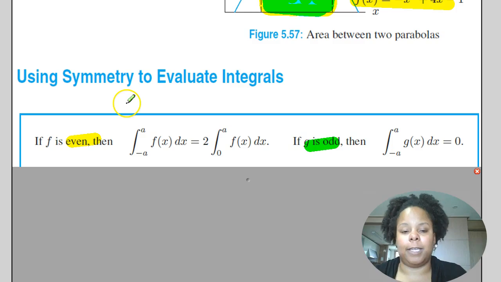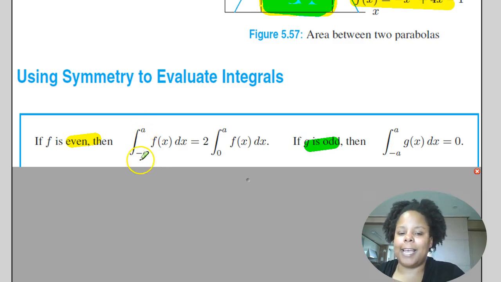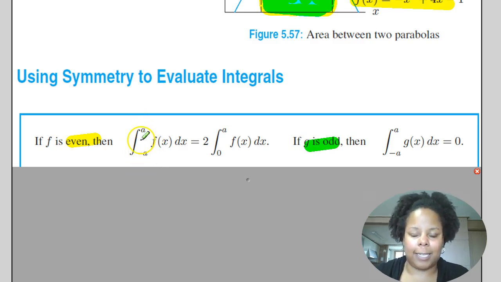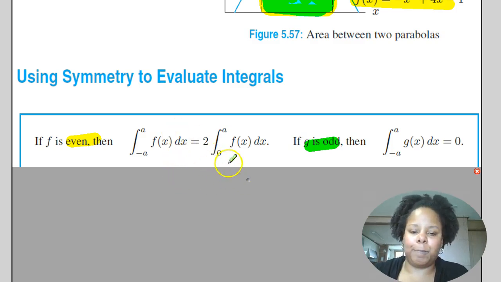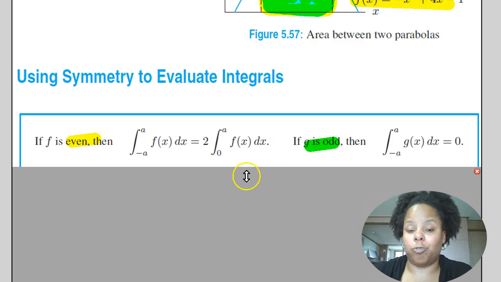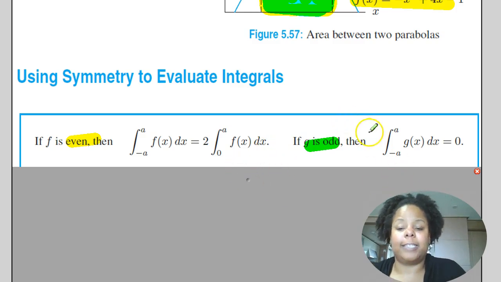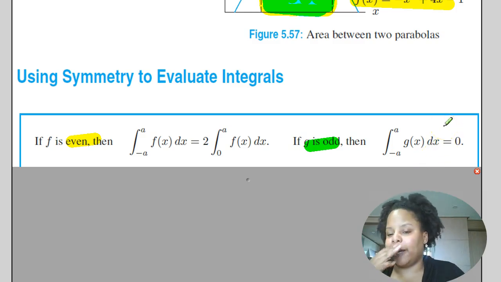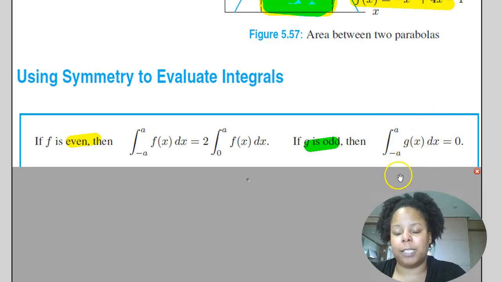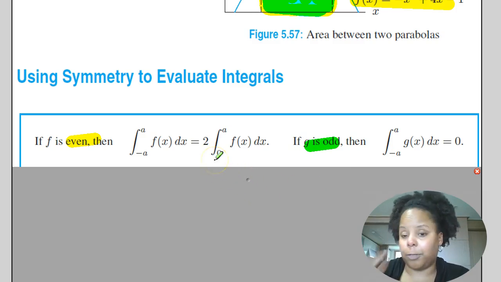So if I have the limits of integration not being two different values a and b, but a and negative a, so they're on opposite sides of the vertical axis, then I can describe the area by multiplying the area from 0 to a times 2 to get the answer. And since g is odd, the sum of the areas from negative a to a would be 0, since the graph is symmetric about the origin.